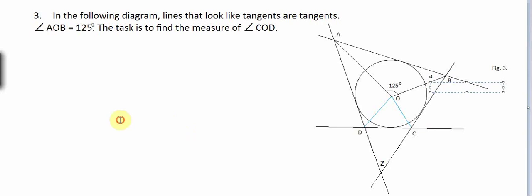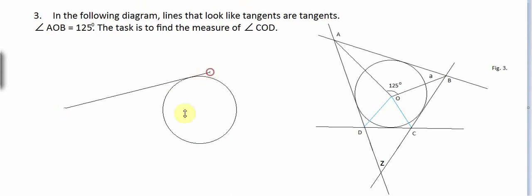Yes, there is a property in circles that if you draw a pair of tangents from a common point to a circle, and connect the point of intersection of tangents with the center of the circle, then these two angles are equal.